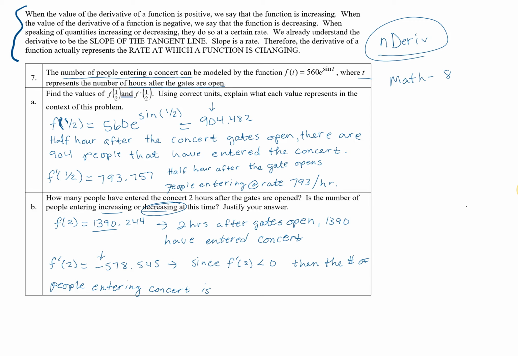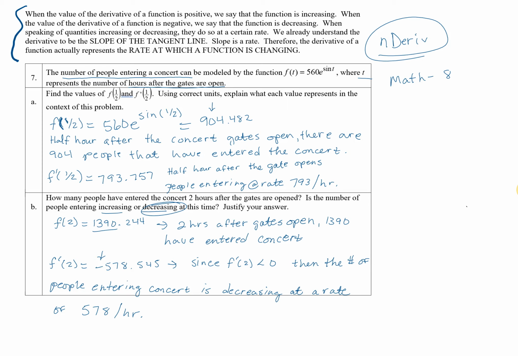It is decreasing, and we can give the rate, at a rate of 578 people per hour. So that's what this means.